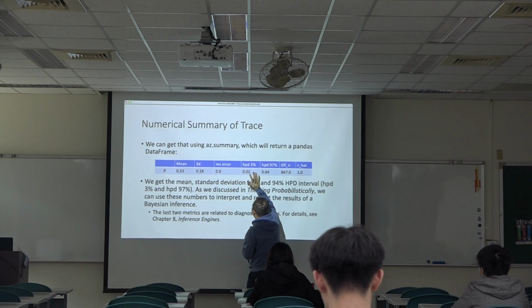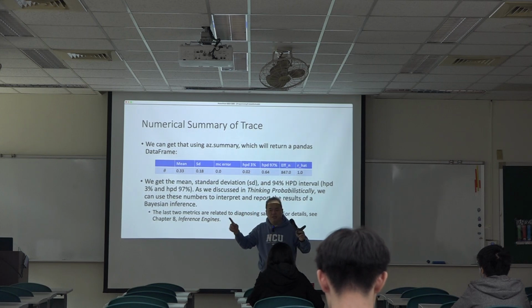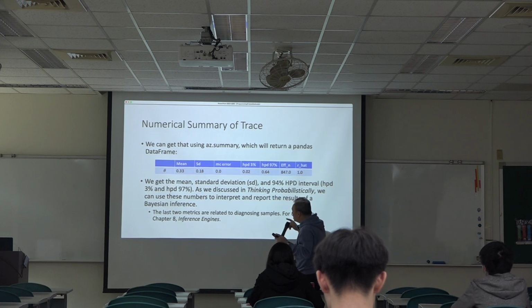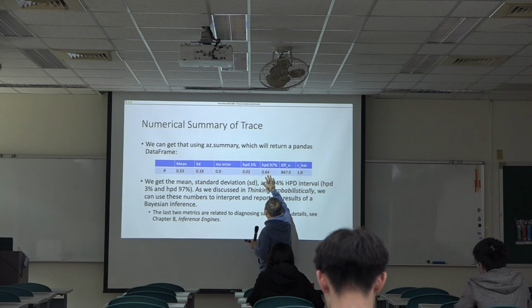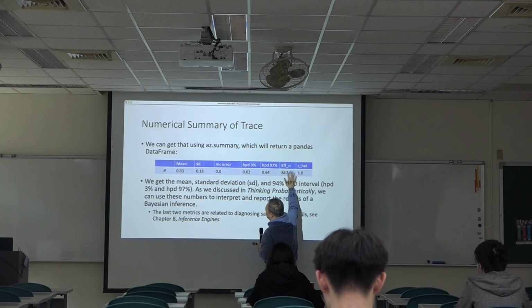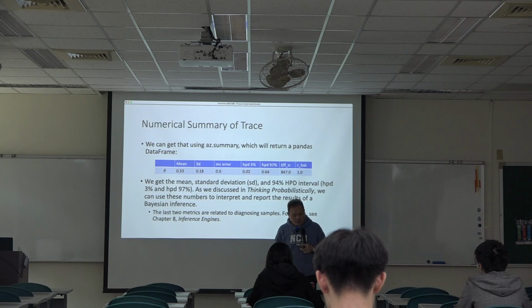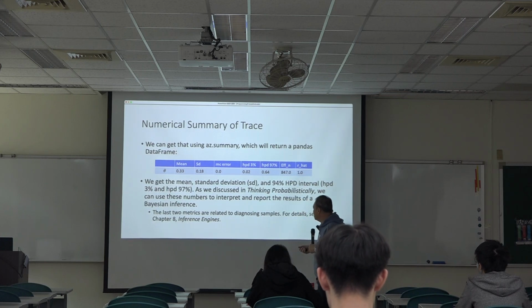This HPD 3% and HPD 97% means the range of the 94% HPD, from 0.02 to 0.64. And for the effective sample number and the other one, don't worry about them for now, because again they are related to MCMC.